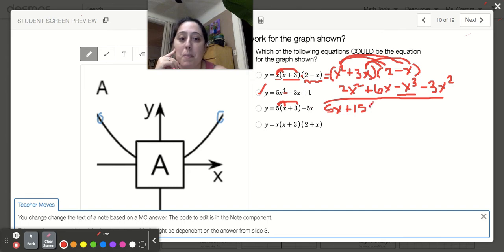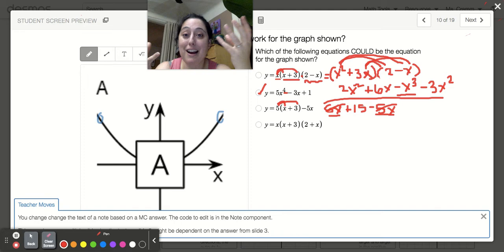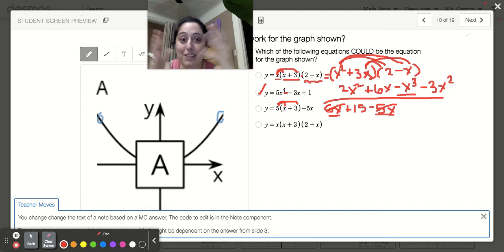So I can just put minus 5x here. Okay. So I've got 5x minus 5x. These actually cancel out to 0. 5x minus itself, 0. So here I just have 15, right? So I don't have any highest exponent, right? So that would just be 15. If I were to, well, let me not even try and graph that.